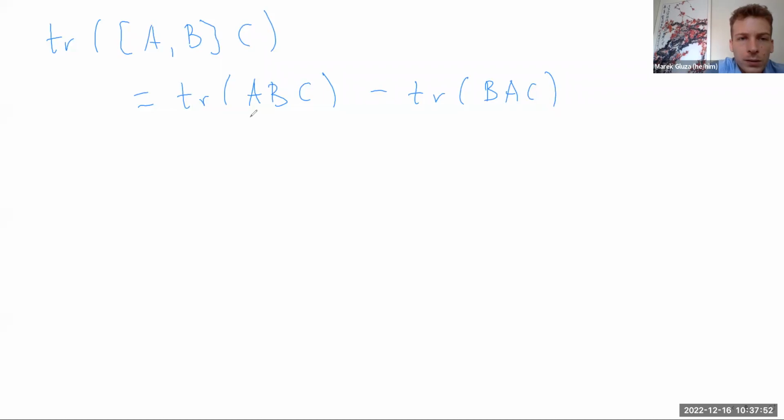Okay, so if I move it here, I will get BCA. If I move this one here, I will get CBA. So let me do that. I'm just using trace cyclicity.